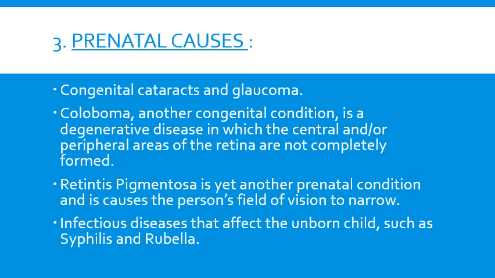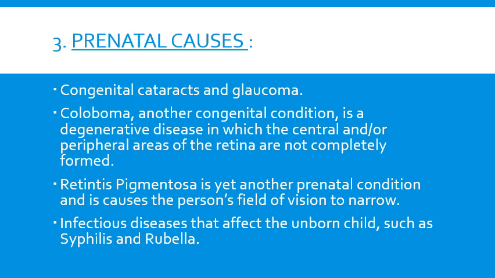First is another congenital condition, a degenerative disease in which the central and or peripheral areas of the retina are not completely formed. This results in impairment of the visual field and or central visual acuity.